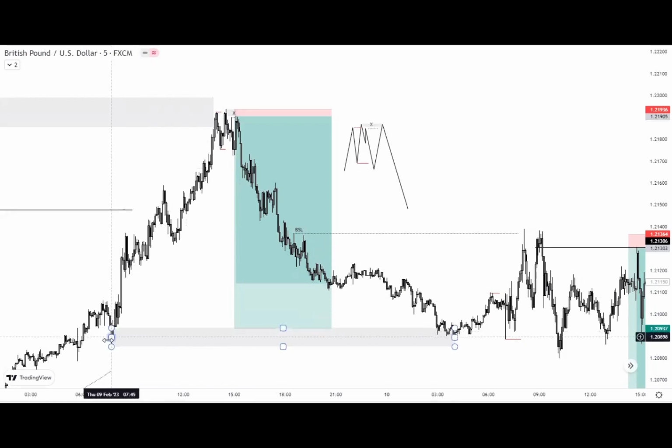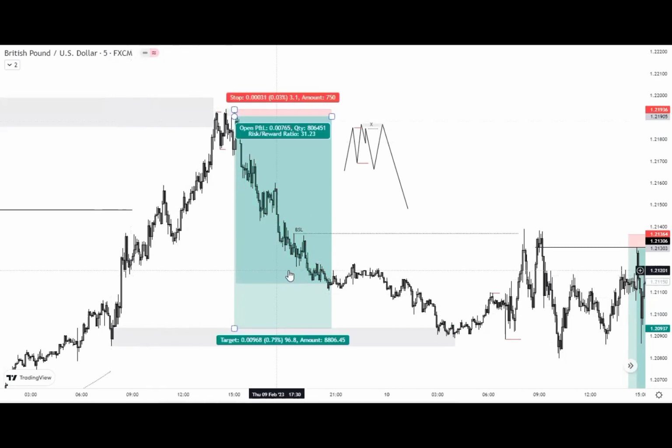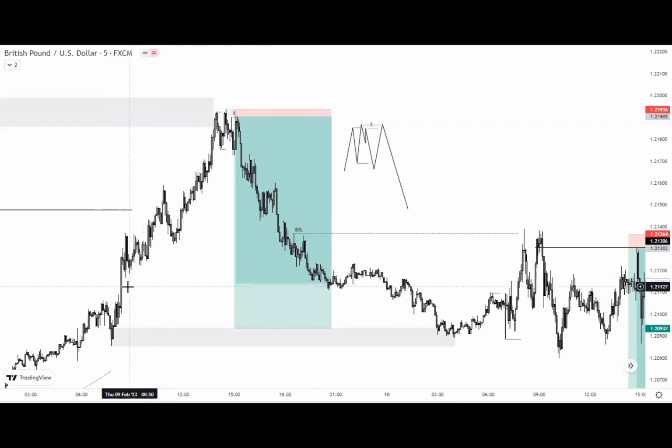So you have this and this on the 5 minutes. So when you take this, you can see all of these sell side liquidity and the rest that was built up. Then we target this 5 minute low.